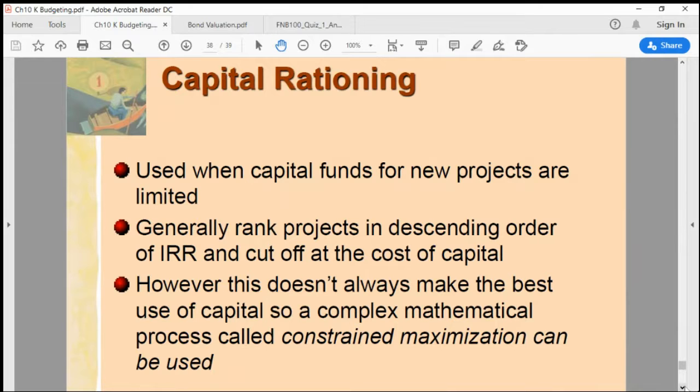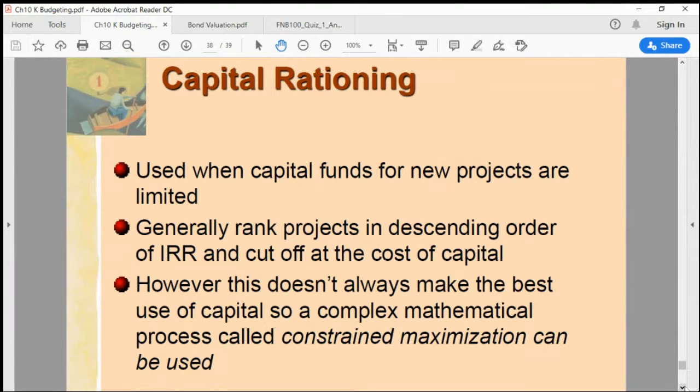So what is capital rationing? It's quite obvious. It's the reason why we're doing the capital budgeting, because budgeting eventually means you'll have to ration the budget, right? You have limited resources, so that's why you're doing the capital budgeting.